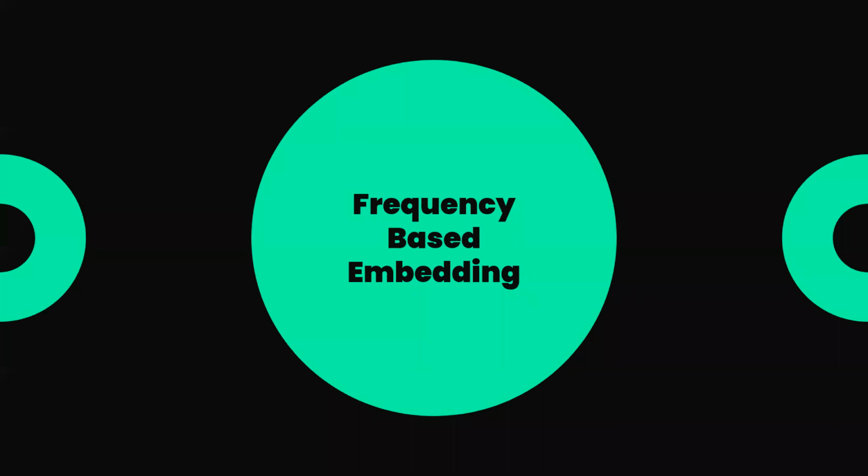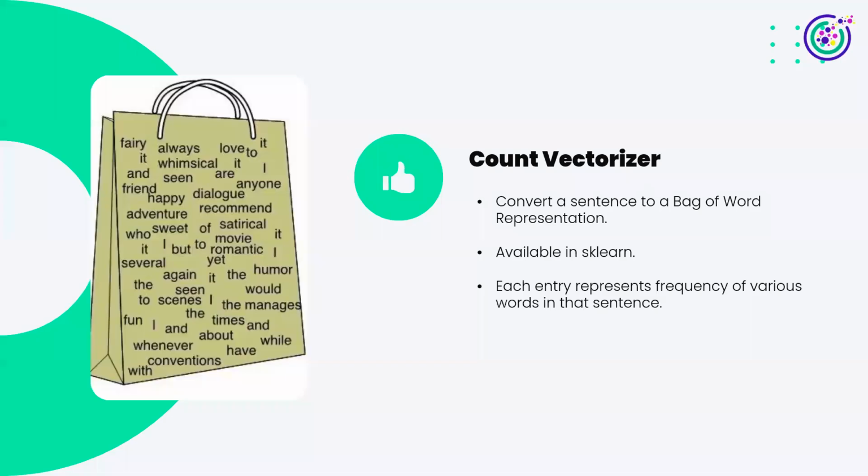Now, frequency-based embeddings, basically you have two types. First is count vectorizer. So count vectorizer is a utility in sklearn that is going to convert a text into a bag of words representation. And bag of words representation is nothing but a collection of vector numbers that is going to define how much is the frequency of a particular word of that index.